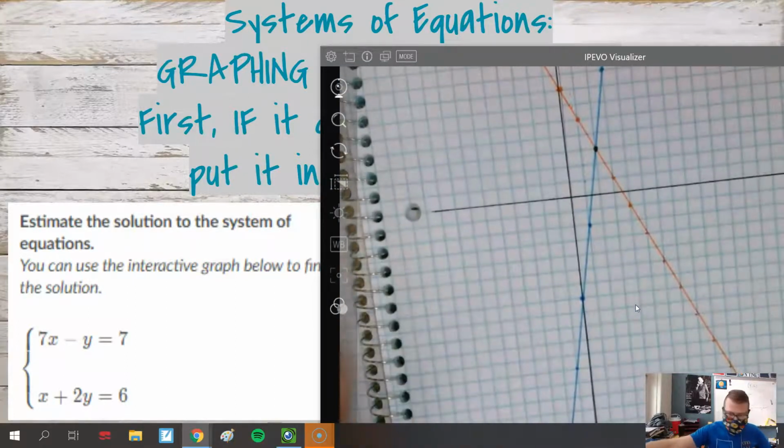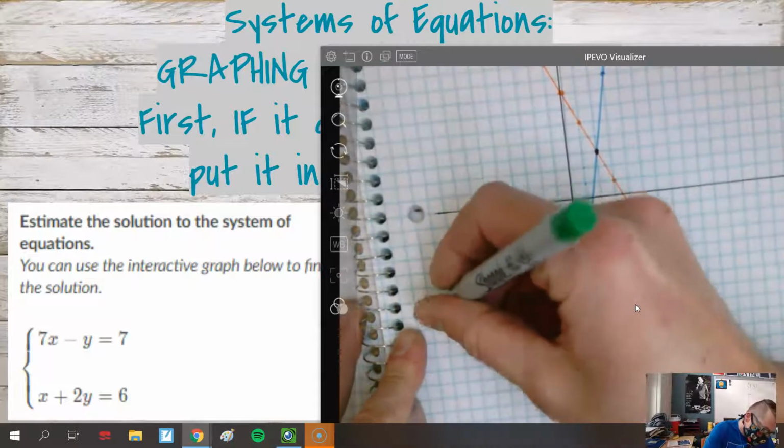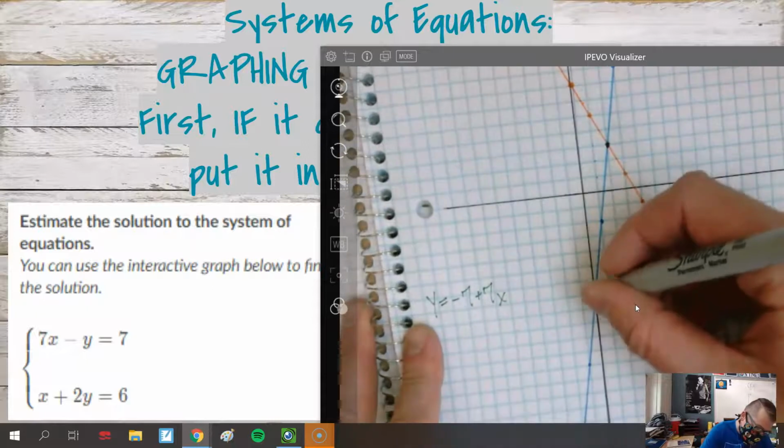For -7 but a slope of +7, y equals -7 plus 7x.